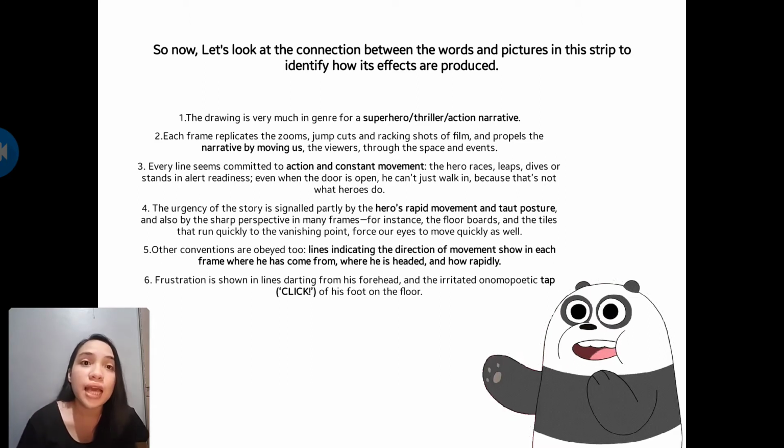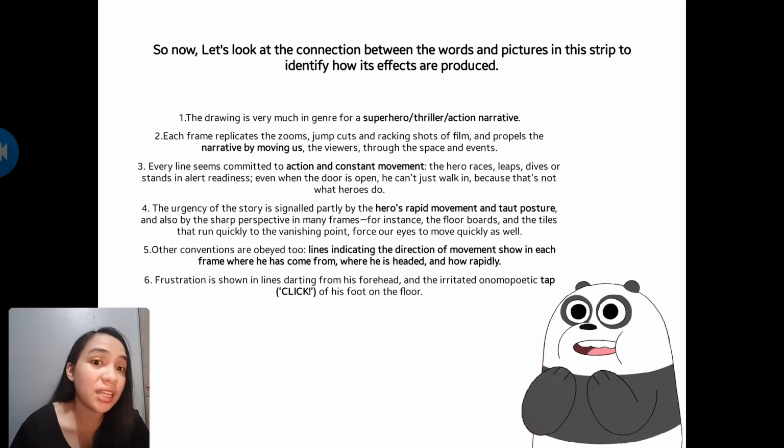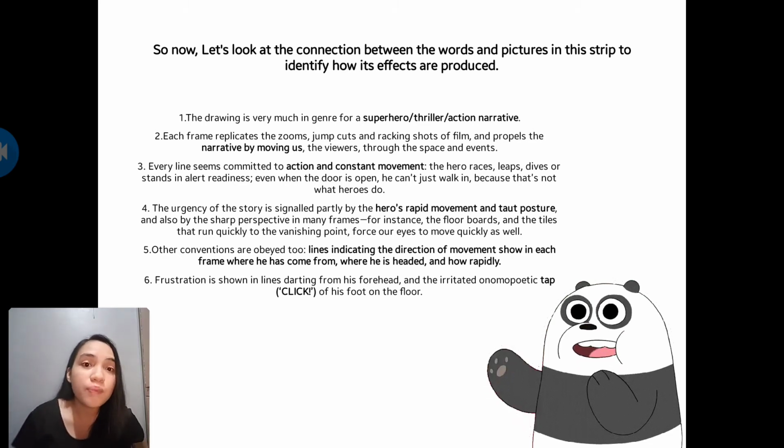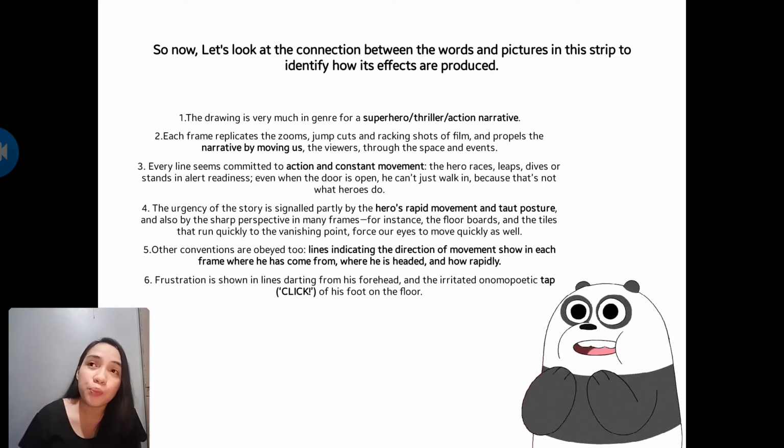So first, the drawing is very much in genre for a superhero thriller or action narrative. We can conclude that the genre is superhero because the character in the comic strip wears a mask that describes a superhero.